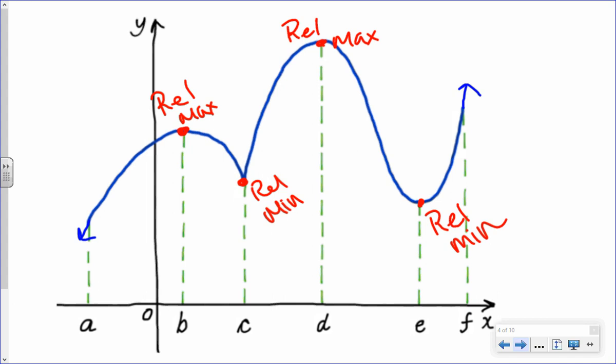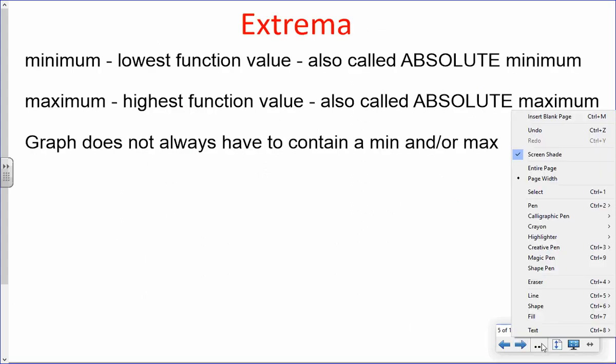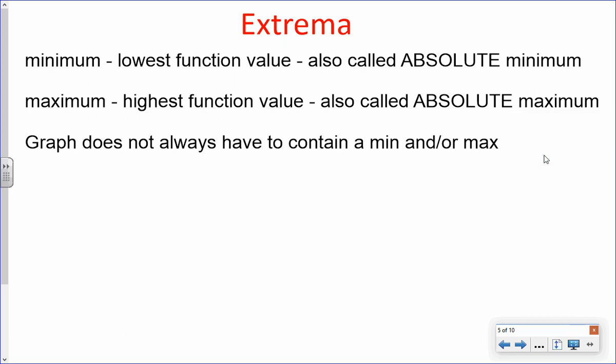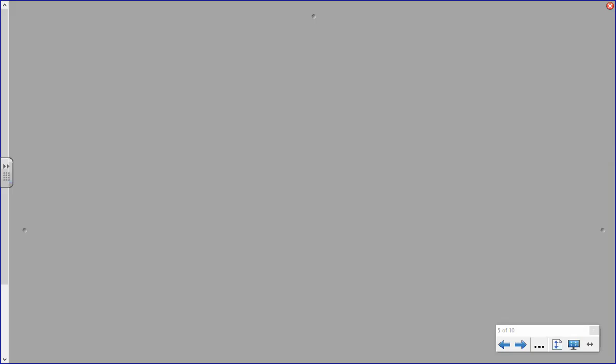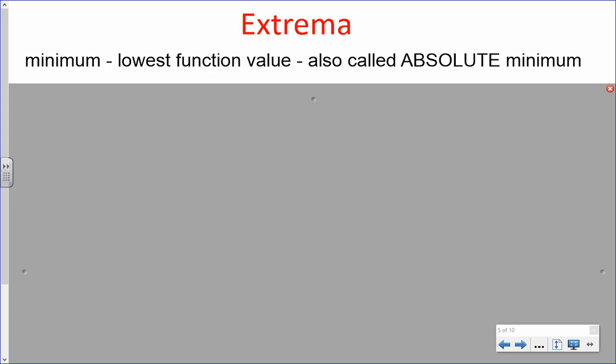Now, today I want to focus on absolute extrema, which means we have to really focus on an interval. If we have just a minimum, notice how I don't say relative minimum, just a minimum, a minimum is the lowest function value.